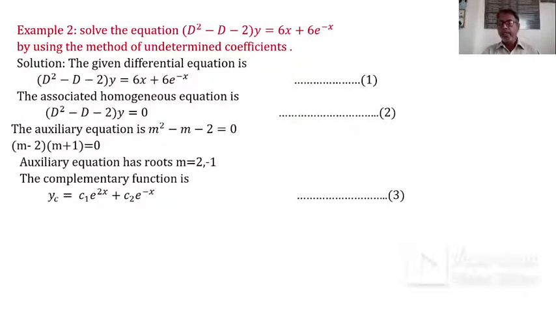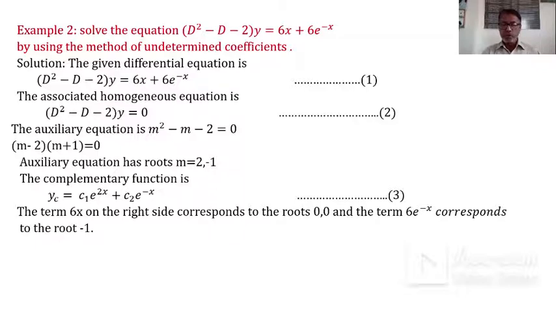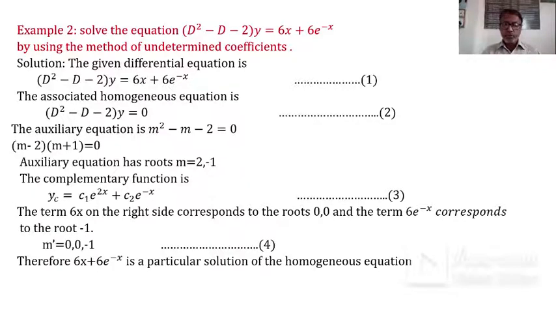D minus minus 1, it becomes d plus 1 into d minus 0 whole square, meaning d square operate on y is equal to 0. Therefore, we obtain the differential equation d plus 1 into d square operate on y is equal to 0. We call this equation number 5.